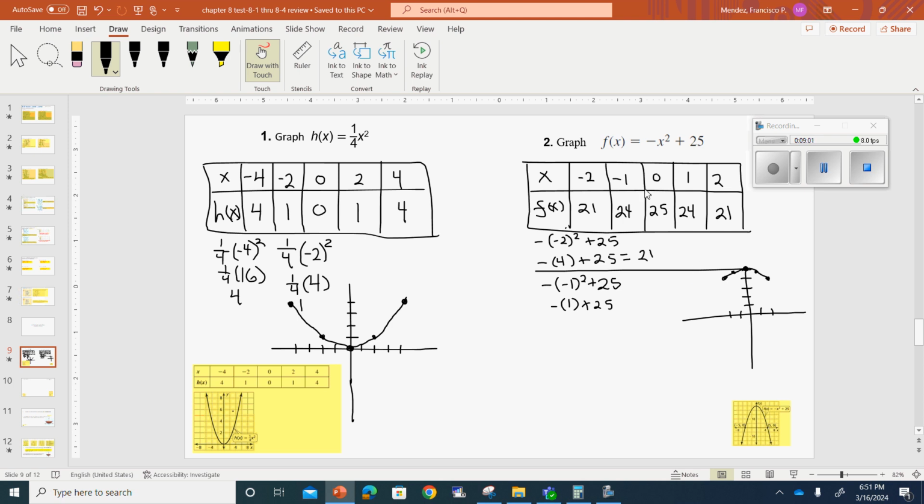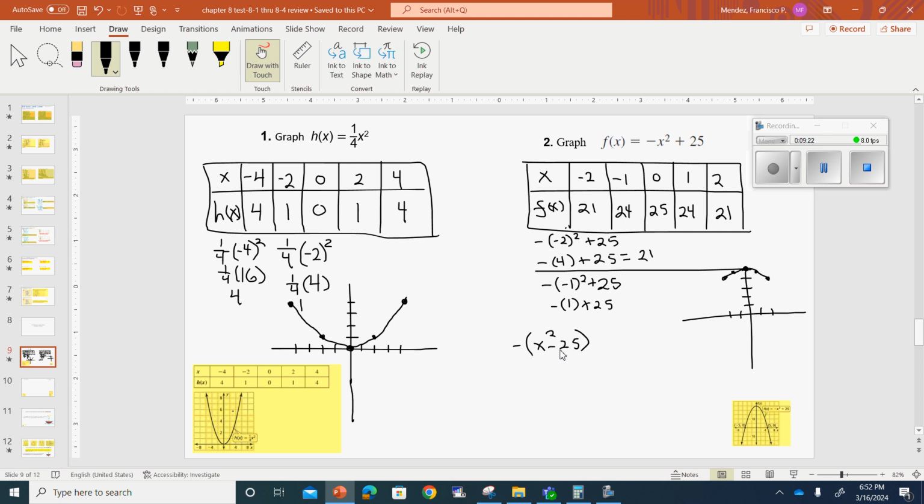Is there another way we could have done this? I think so, because we could have factored out our negative, right? That would have made x squared minus 25. We remember the rule.